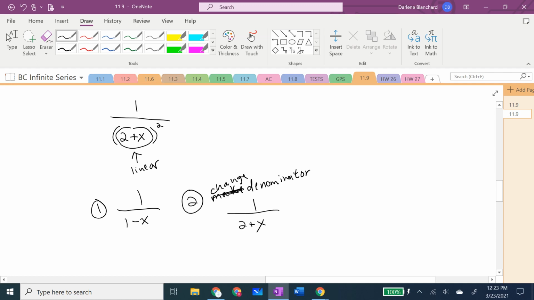Change the denominator. Then you know that you are going to get a parentheses squared in the denominator if you differentiate the function with that same denominator. And you're expected to realize this.